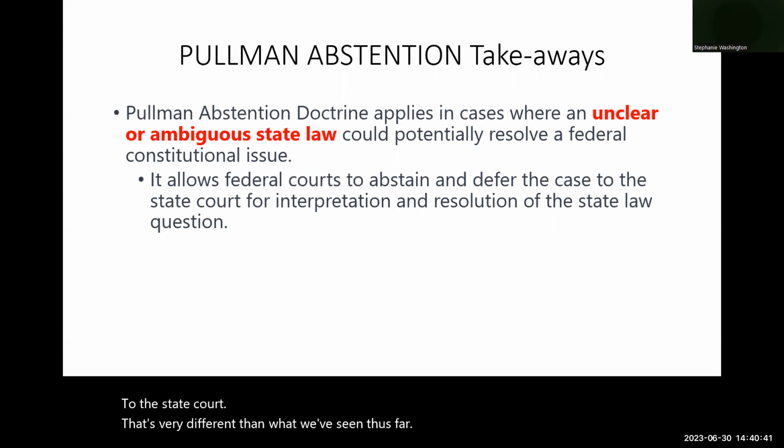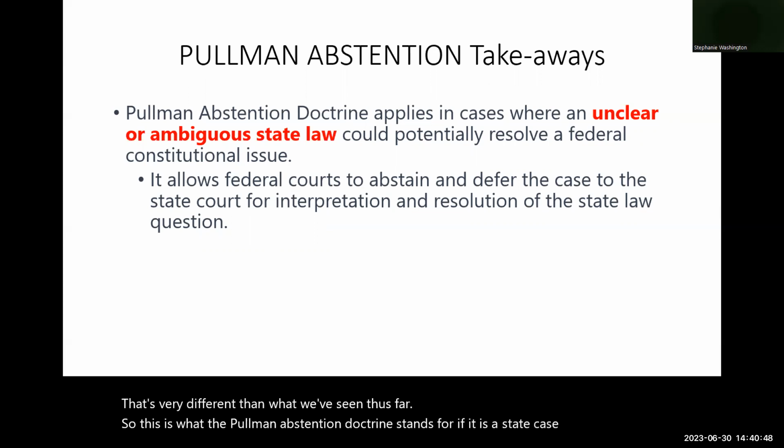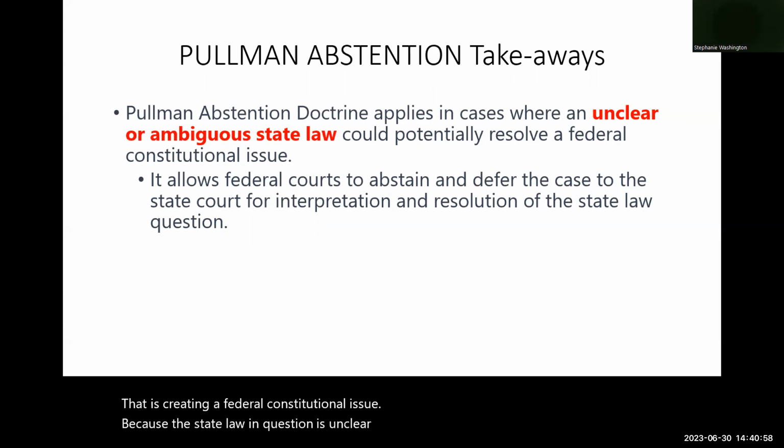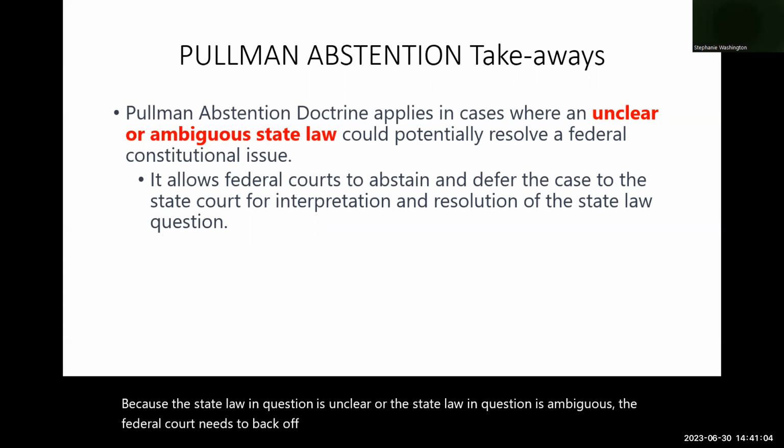So this is what the Pullman Abstention Doctrine stands for. If it is a state case that is creating a federal constitutional issue because the state law in question is unclear or the state law in question is ambiguous, the federal court needs to back off and let the state court work it out.